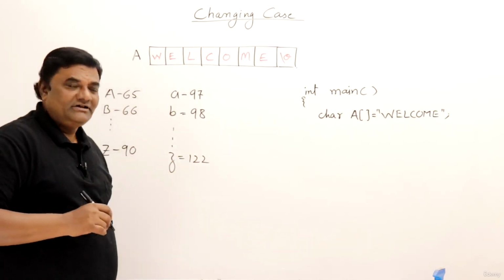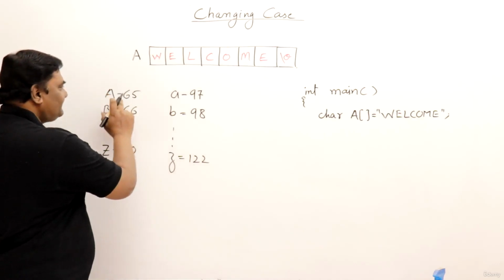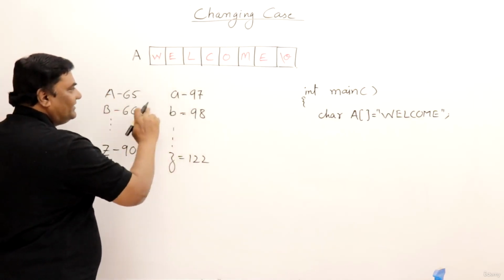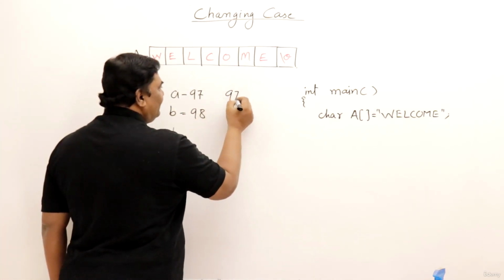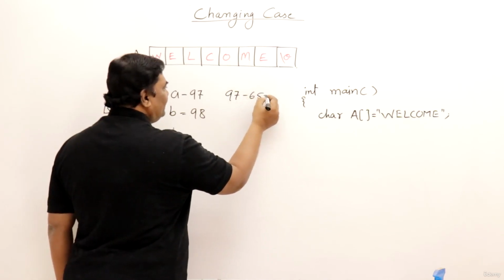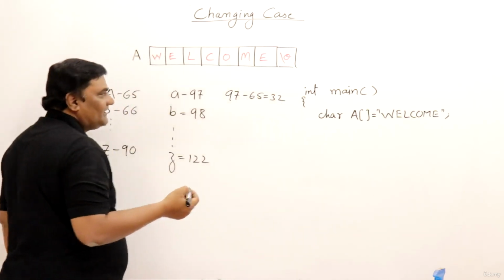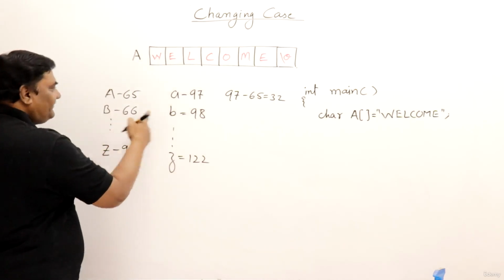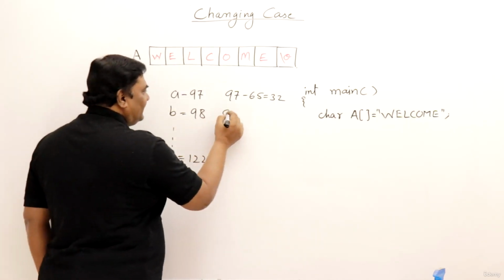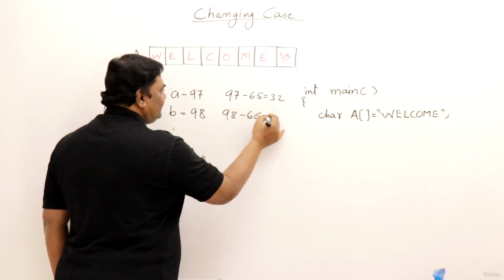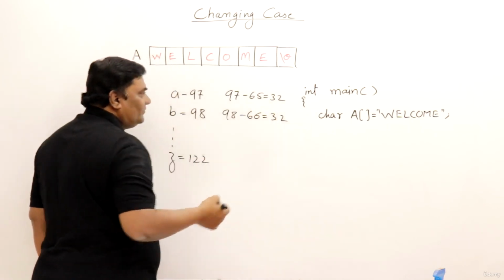So how is it possible? The code for A is 65 and this is 97. What is the difference? 97 minus 65 is 32. What about the difference between these two alphabets? 98 minus 66 is again 32.